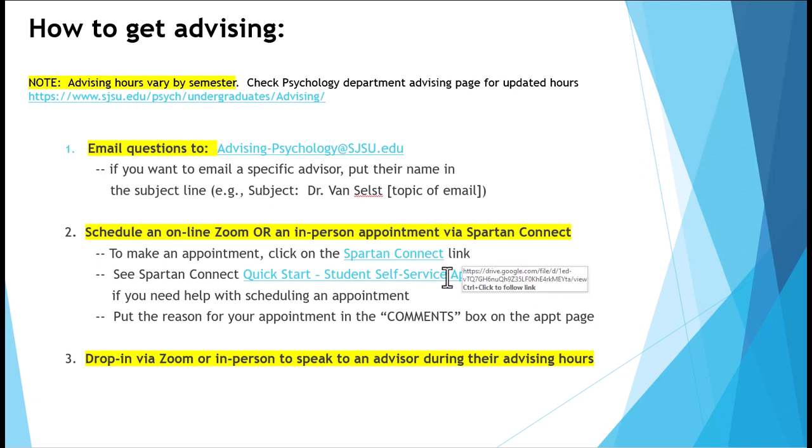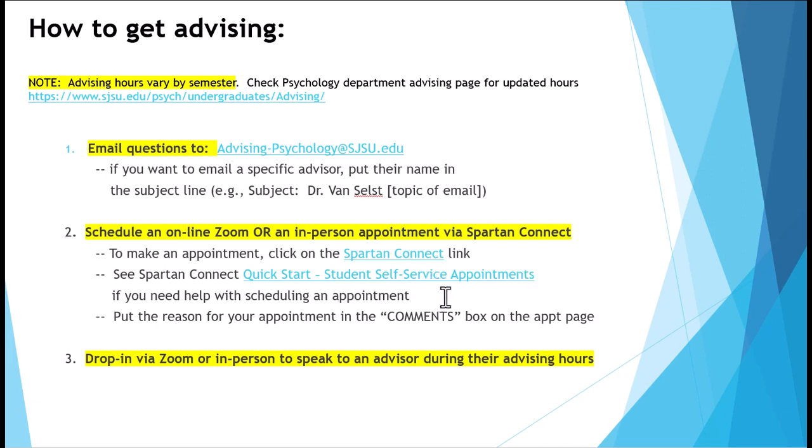All of the appointments will take you to Spartan Connect, and that's where you're going to schedule your appointment. Okay. The advisors don't have the ability to schedule appointments for you. So it's the student's responsibility to schedule those appointments using Spartan Connect.